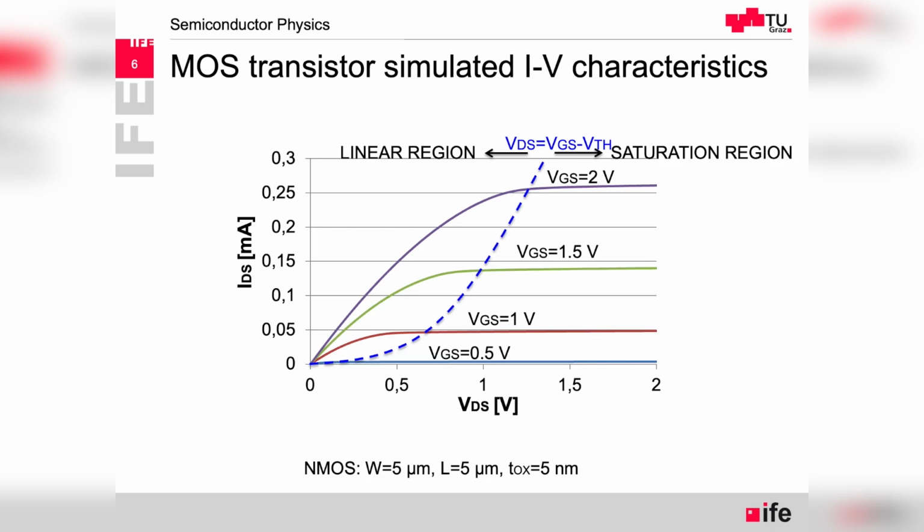And that current level only depends on the gate to source voltage, whereas in the linear region, we had this parabolic expression describing the drain current.